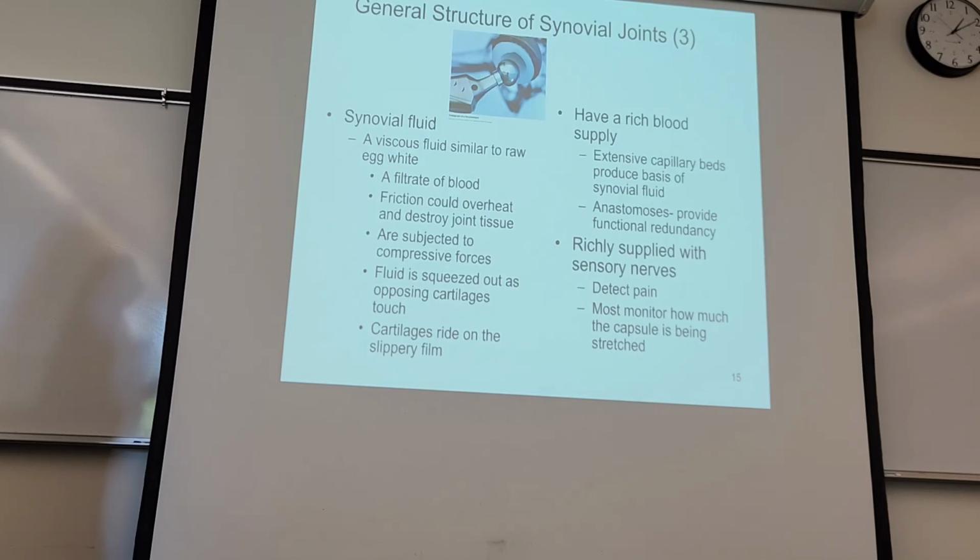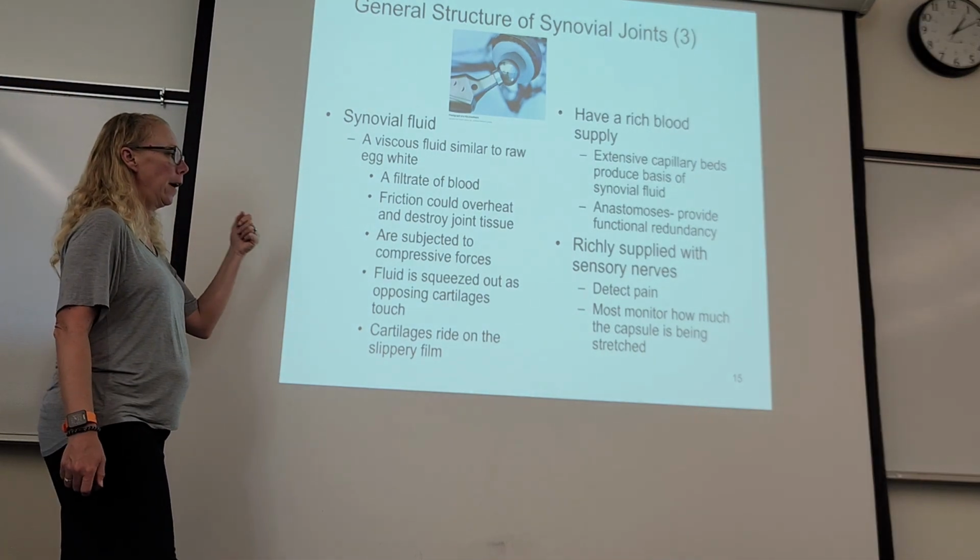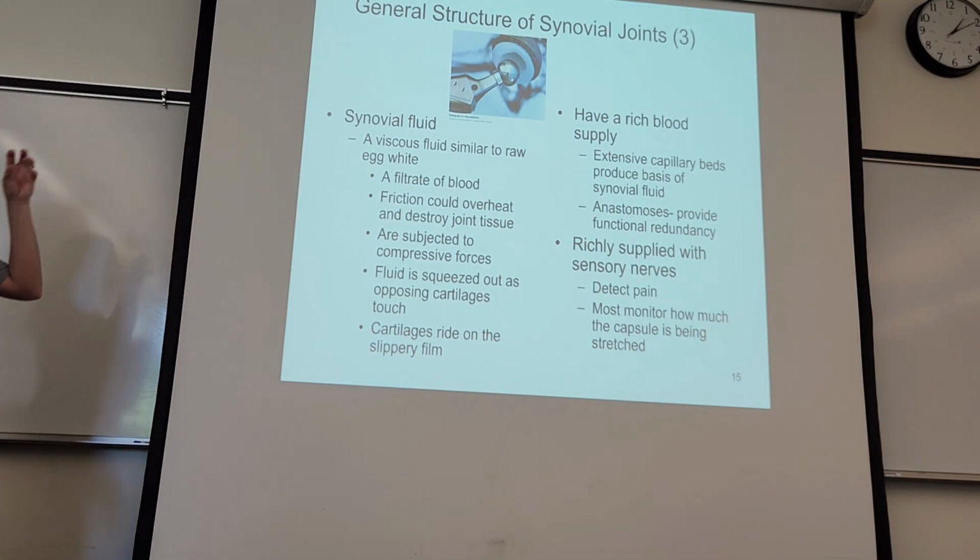So, as far as synovial fluid goes, it's not pure water. It's similar to raw egg white, so it's got a little bit of protein in it because it's, again, a derivative of your bloodstream. So the fluid is designed to reduce friction and absorb compression.